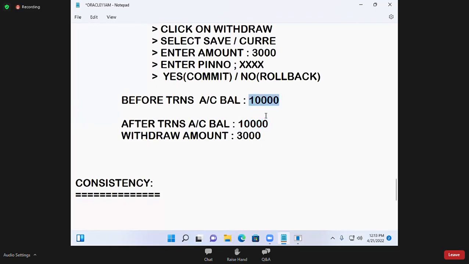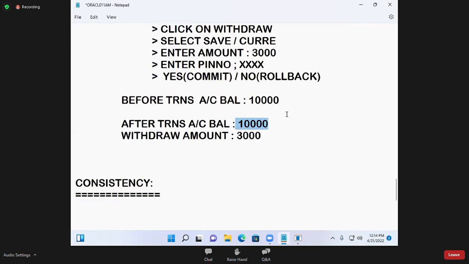Sometimes people are very happy. My balance is 10,000, I already took 3,000, but my balance is still 10,000. Oh my God, 3,000 is a benefit. We think this way, and we face this type of problem too. We take 3,000 and immediately check the balance, but it still shows 10,000. Where did this money come from? That kind of confusion also exists. But if you check after 1 or 2 minutes, 7,000 is showing, because the transaction was not yet committed by the banking people.